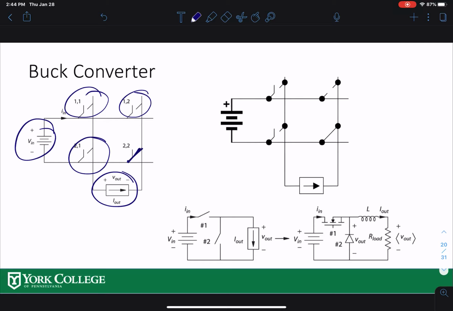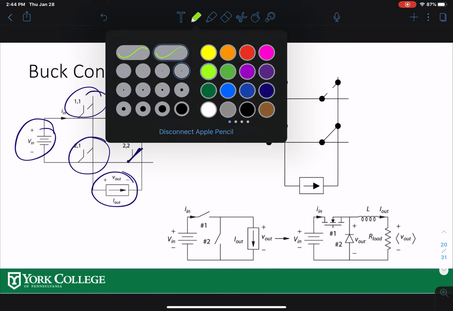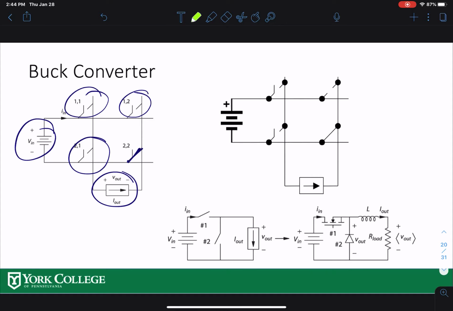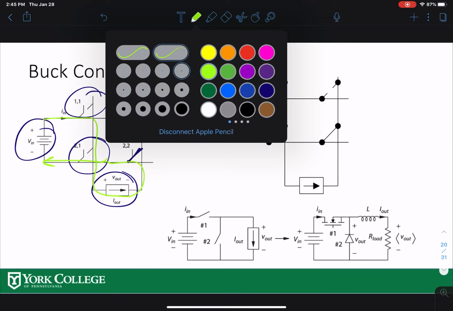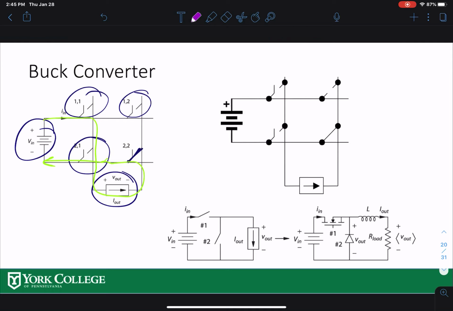Let me show you what I'm talking about here. When one is on, you're coming this way and going that way and circulating back to here. And when the other is on, you're circulating right here. To visualize that, there's one more step over here, so this is permanently closed, so I don't need this one anymore.